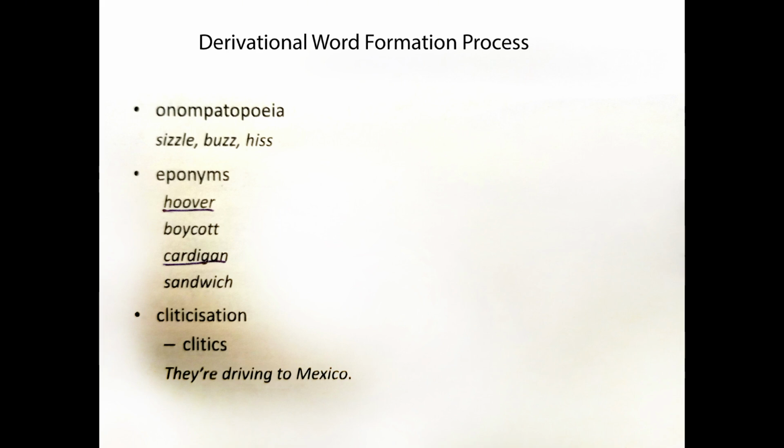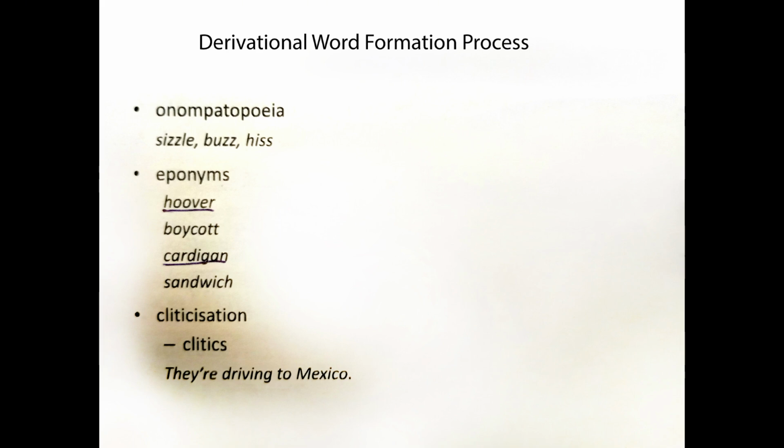Boycott, right? The word boycott is named from the person's name, Captain Charles C. Boycott, right? Cardigan is named from the person James Thomas Brudenell, 7th Earl of Cardigan. And sandwich is named from the 1st Earl of Sandwich, right?